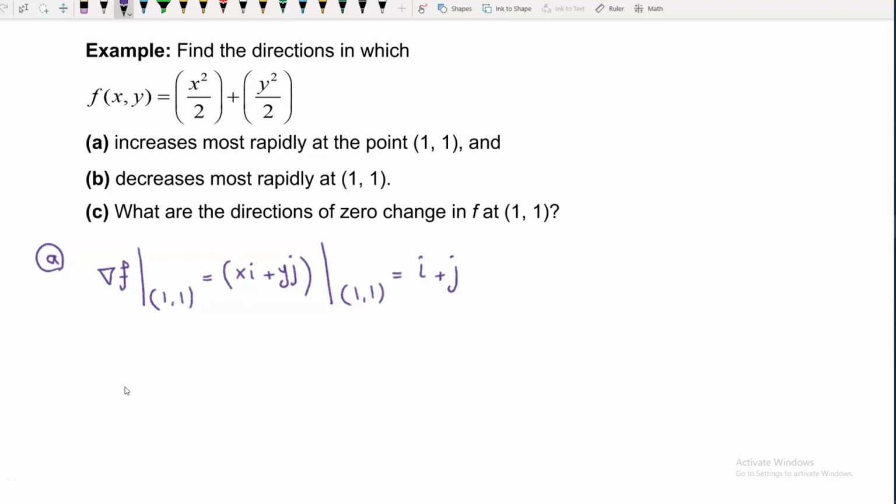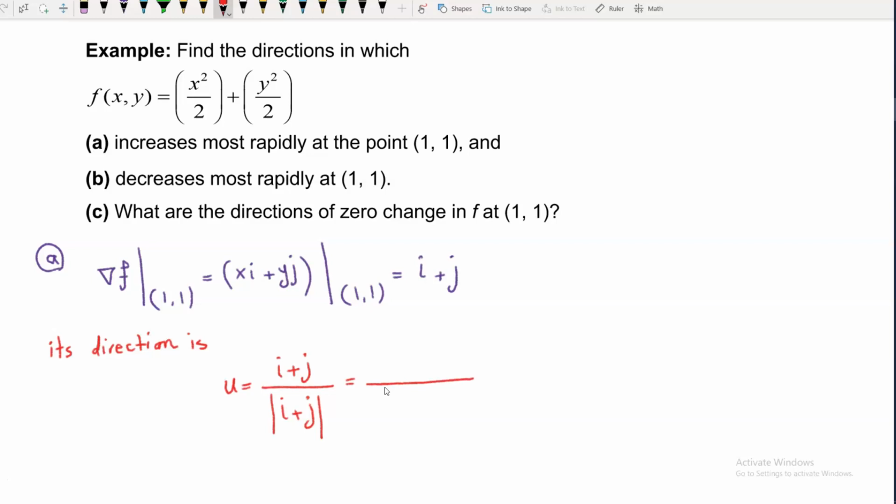The gradient of f at this point (1, 1) is equal to x i plus y j at (1, 1). So this is equal to 1 times i plus 1 times j. So we have i plus j. Its direction is u equal to i plus j over the length of i plus j.